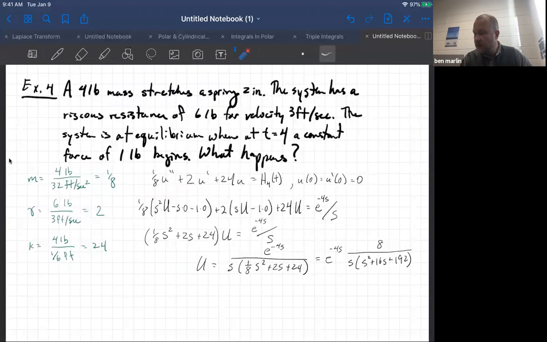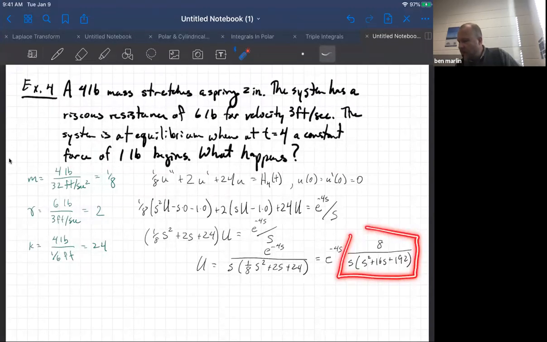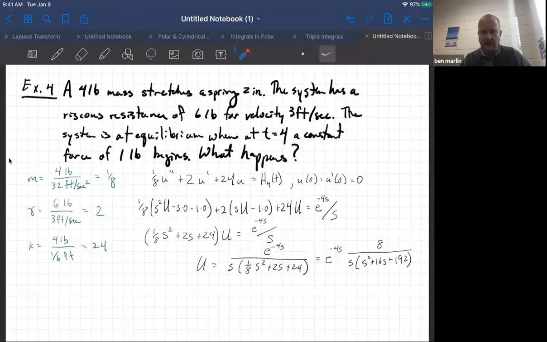So what we're going to do is take and divide both sides by that. And that means that our e to the minus 4s, in addition to being divided by s, now is divided by this thing here. I don't like writing a fraction inside of a fraction, so I just multiplied everything by 8 on the bottom and put an 8 at the top. Okay. So we're going to just look at this portion and then we'll put that back in when we need to.